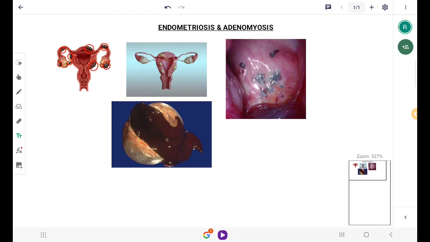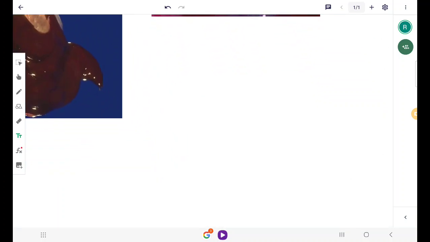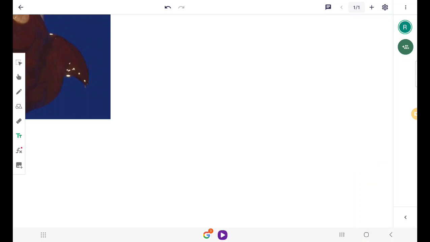Starting with the definition of endometriosis, it's a common benign chronic disease in women of all reproductive age.